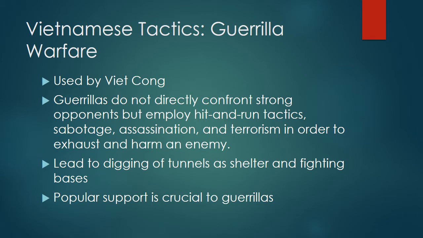It also led to digging of tunnels as shelter and fighting bases, and these were the common tactics used by the Viet Cong in the Vietnam War. And one other strong element involved is popular support. Popular support is very crucial to guerrillas. If guerrilla warfare tactics are supposed to be effective, popular support is necessary.